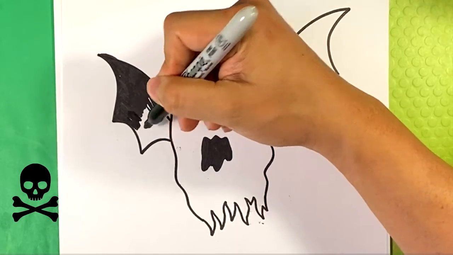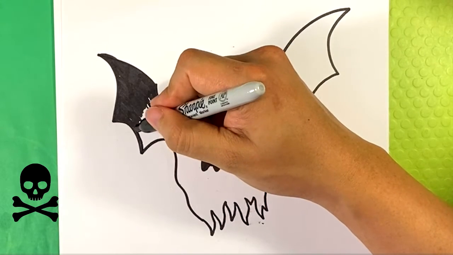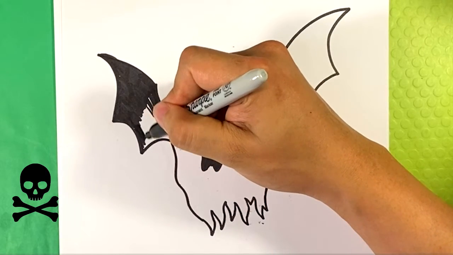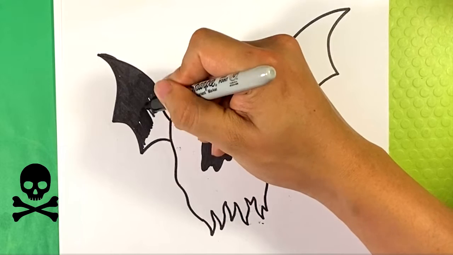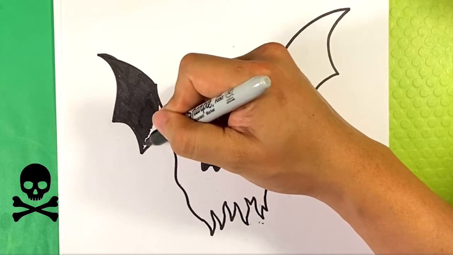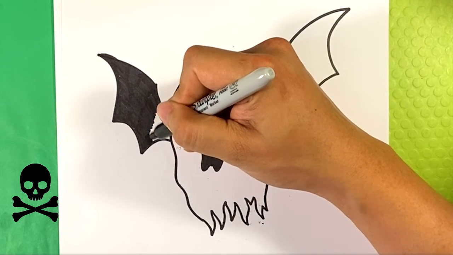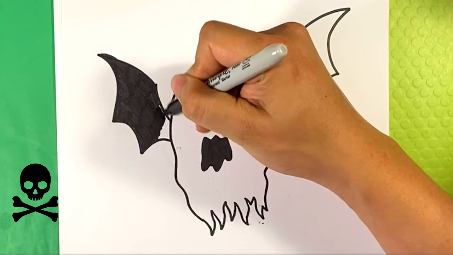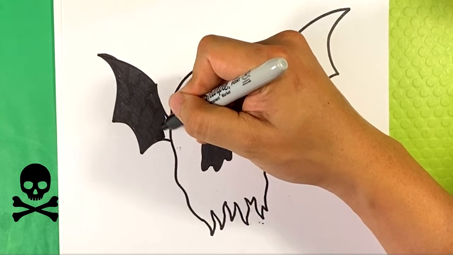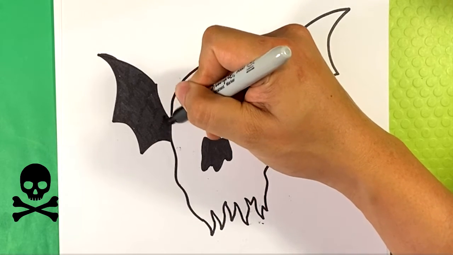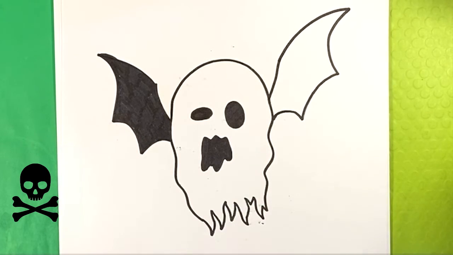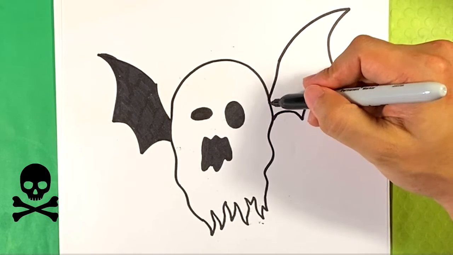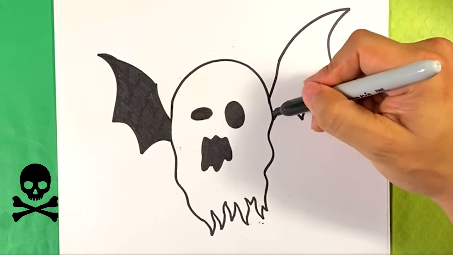Just kind of filling it in slowly to give it that bat effect, right? And I'm gonna go on this side and do the exact same thing.